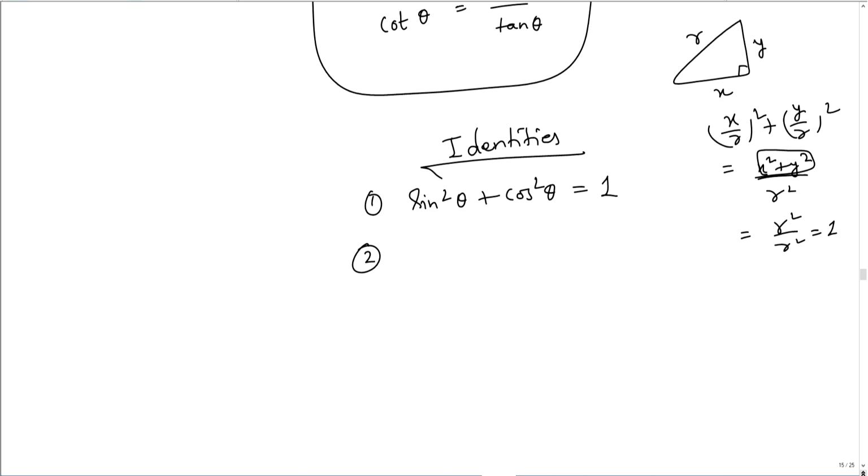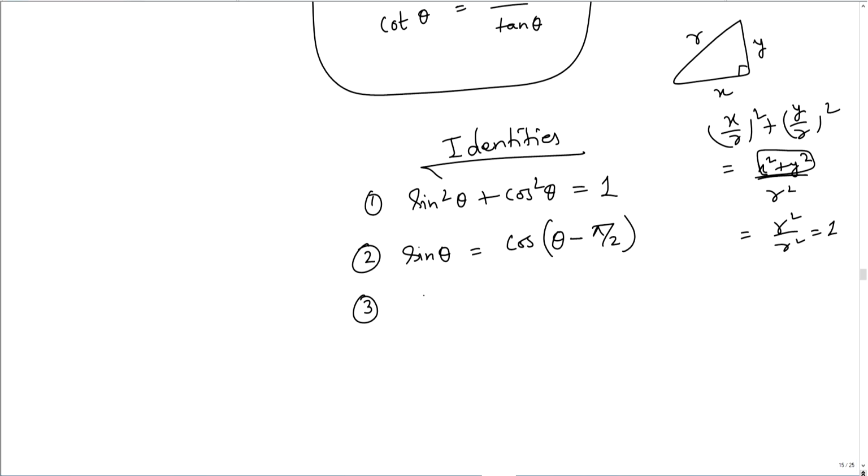Some of these also come from the properties of these periodic functions. One property is that sine theta is equal to cos of theta minus pi by 2.